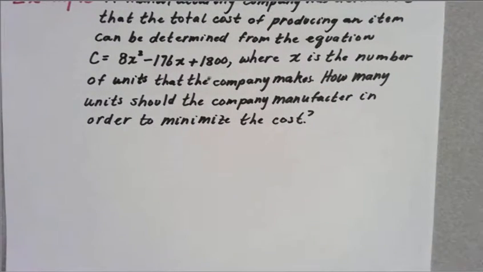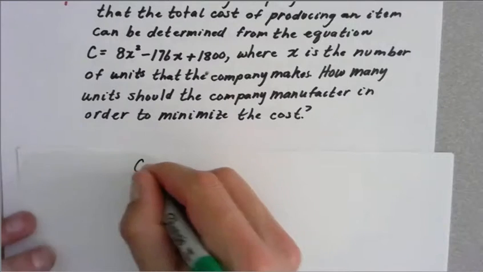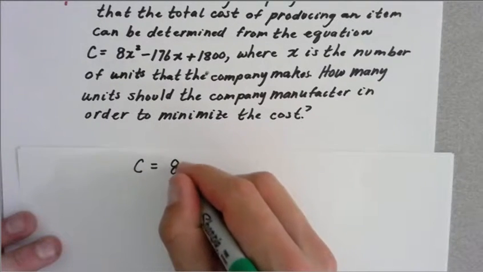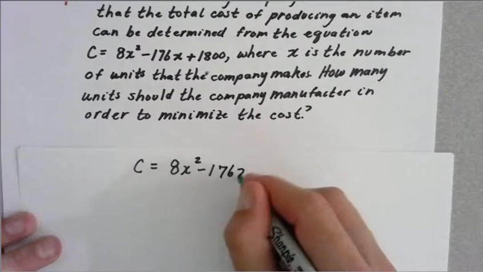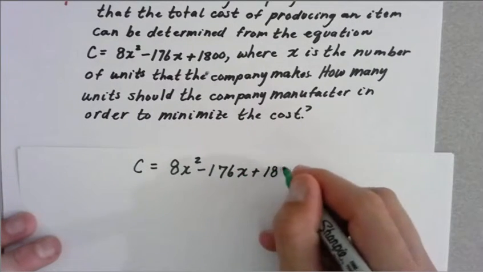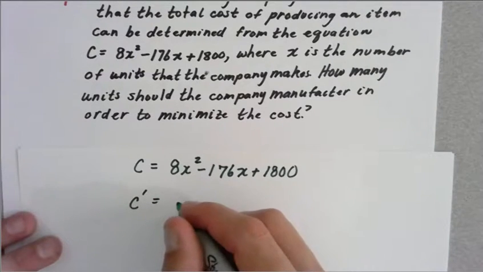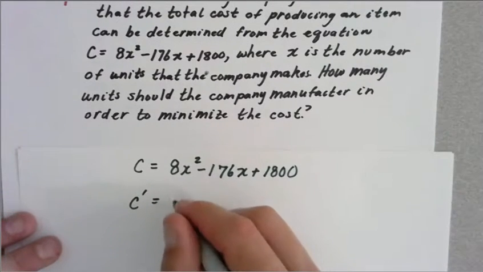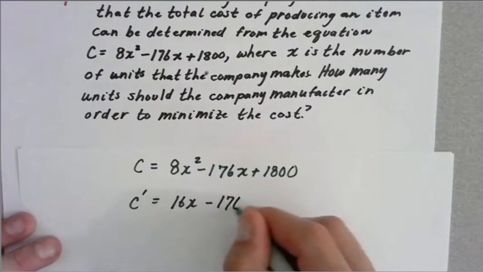What we're going to do is look at the derivative, because that can tell us our critical value. So we have C equals, and this is just a polynomial function, so the derivative is going to be pretty easy. I take my derivative, and C prime is equal to 16x minus 176.